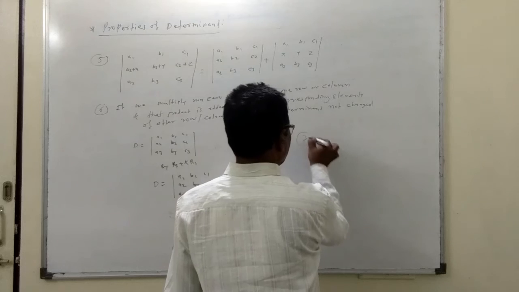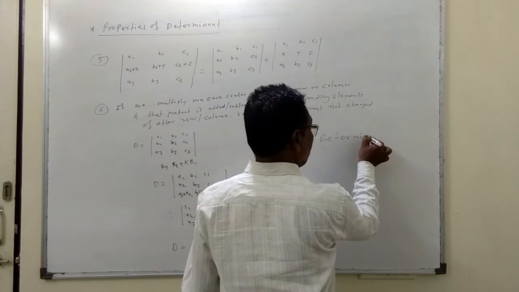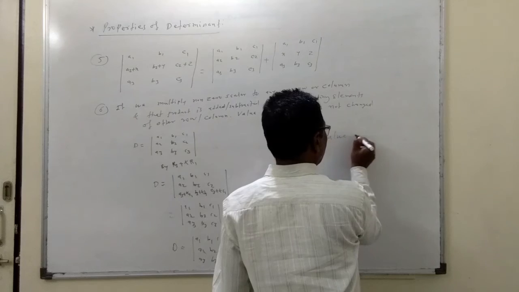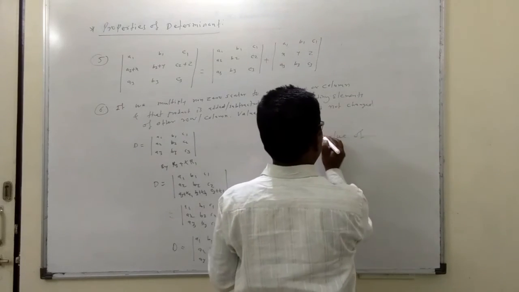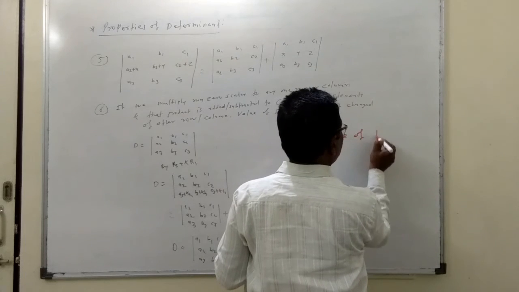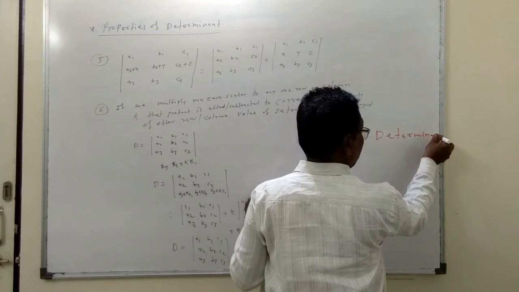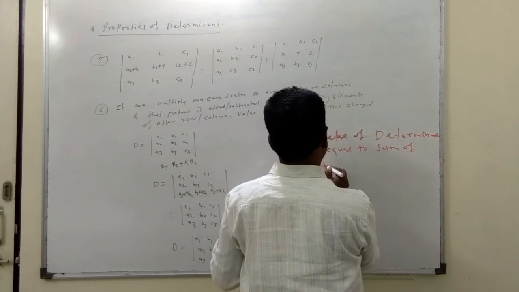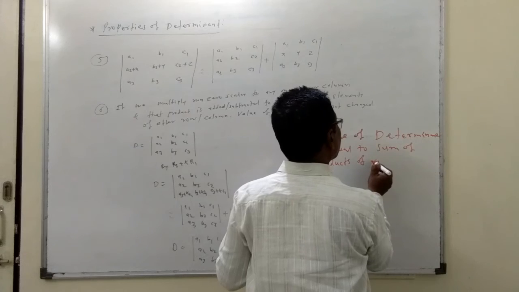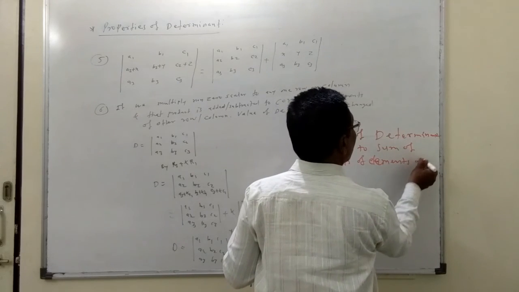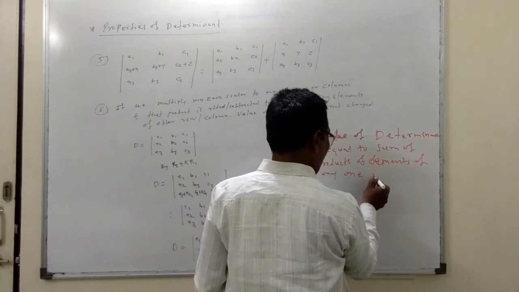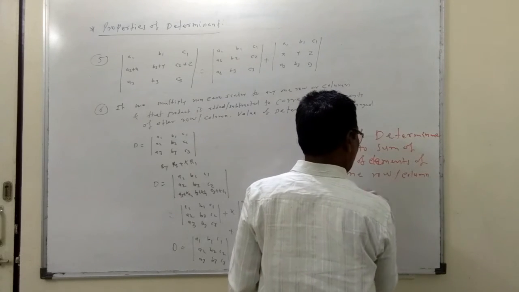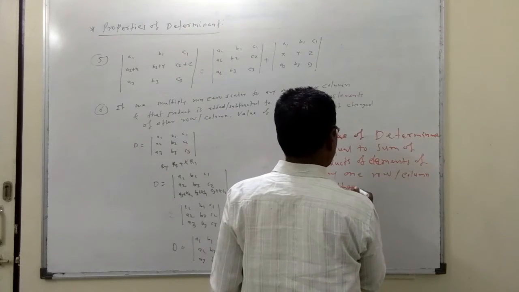And the seventh property: the value of a determinant is equal to the sum of products of elements of any one row or column and their cofactors.